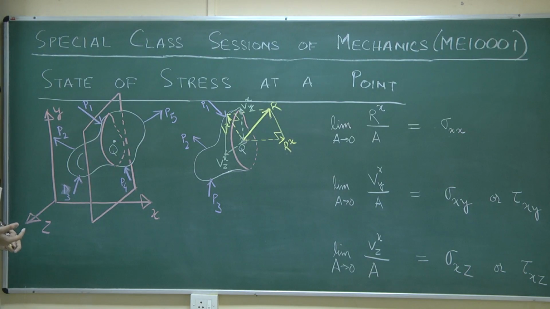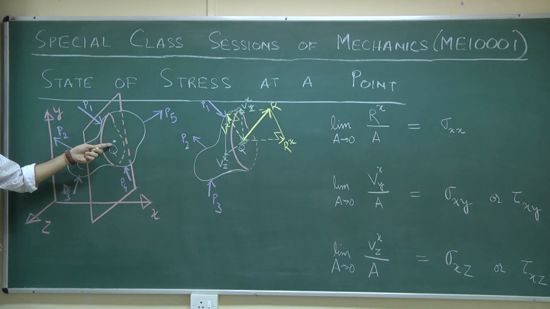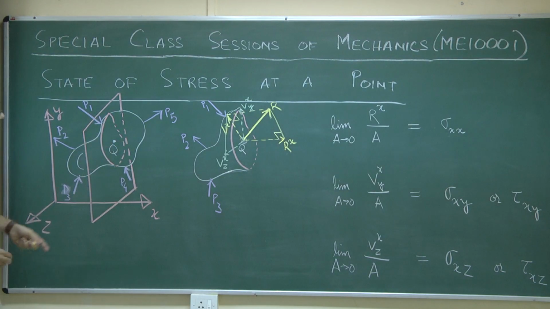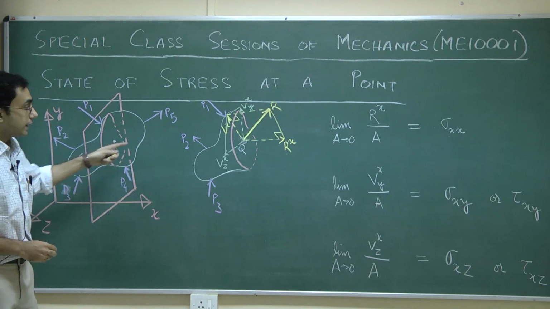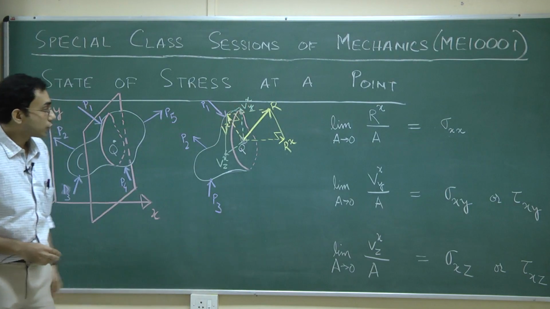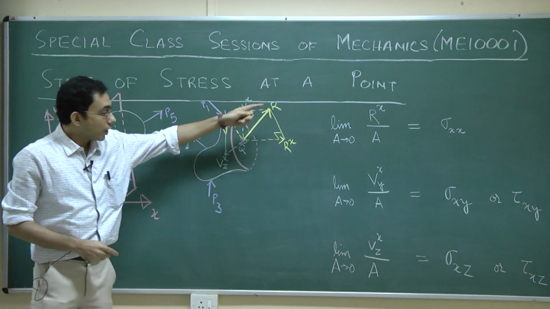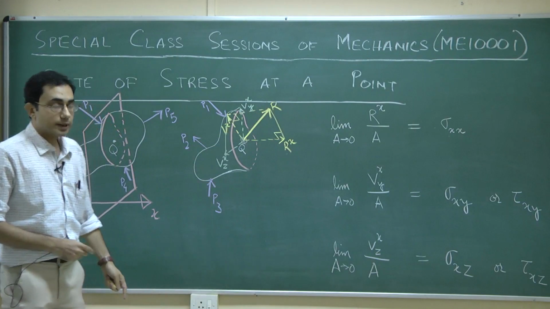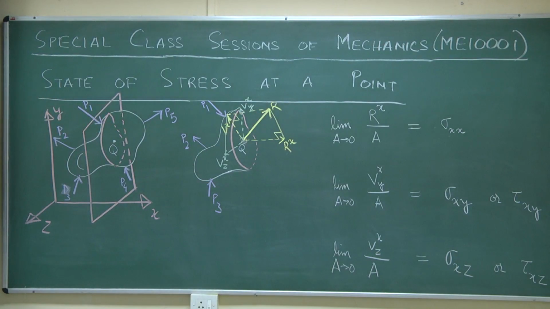Had we taken a different plane, for example, if we had taken our pink colored cutting plane to be parallel to the XZ plane, then it would have been a flat cut through this, and would have also taken it to pass through Q. In that case, another yellow colored R force would have been exposed, and we would have obtained a different set of stress components.